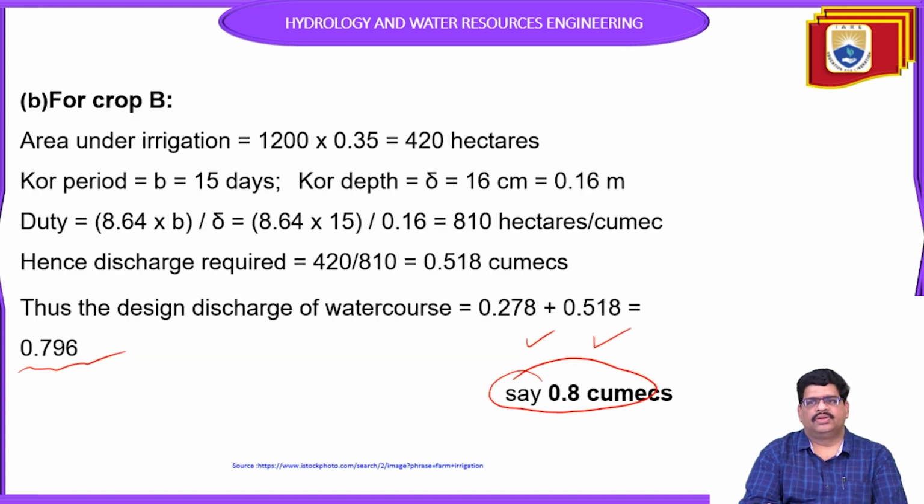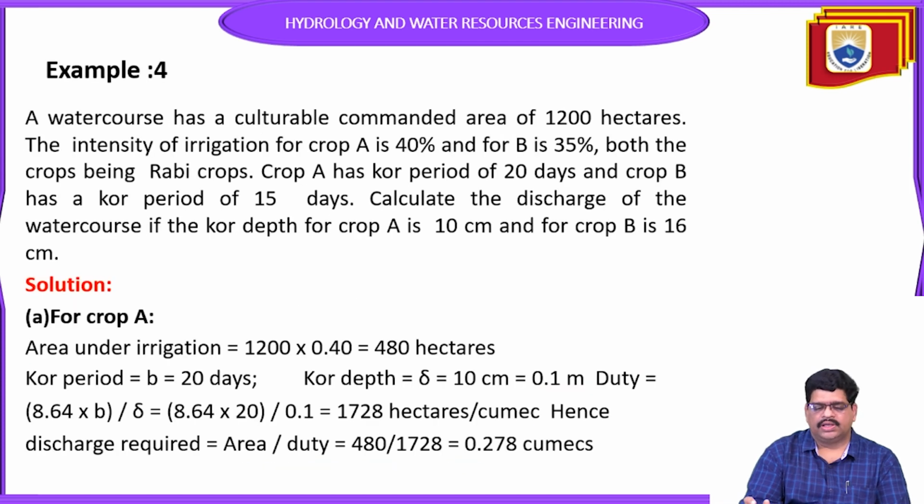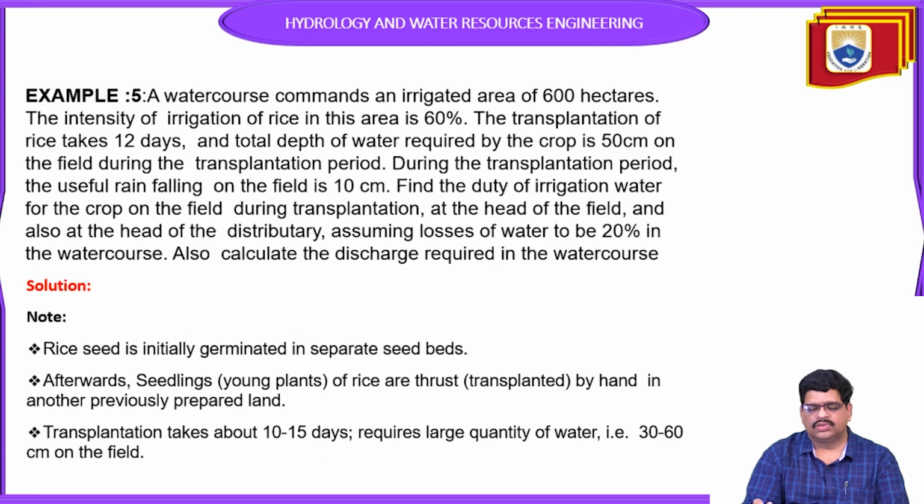For crop B also, this is the total requirement of 0.8. From this we have to find how the canal can be discharged. From the availability of water only, we have to design the canals or reservoirs, whatever it is. Right?